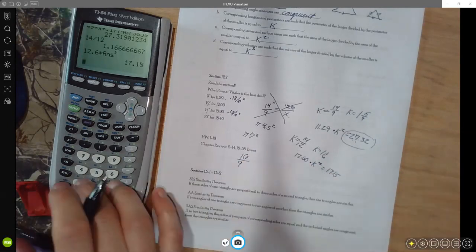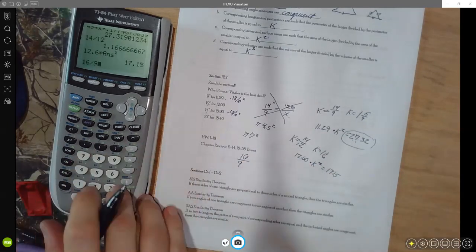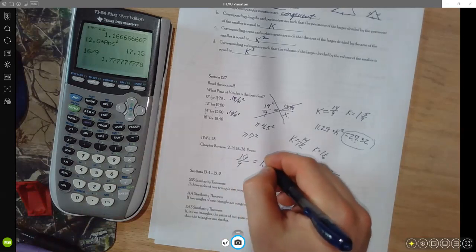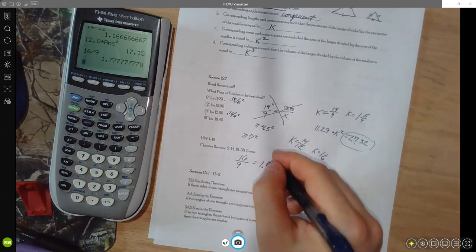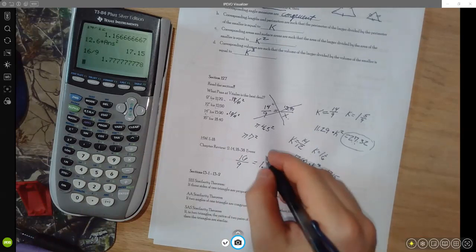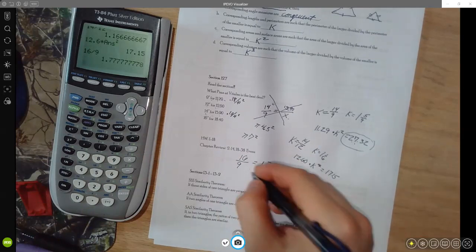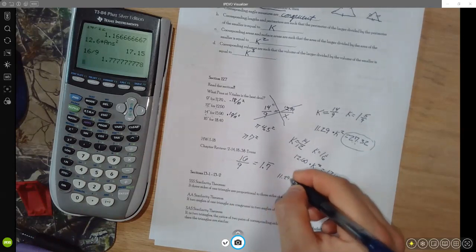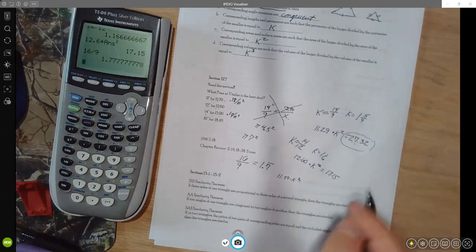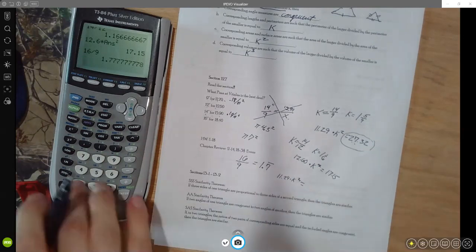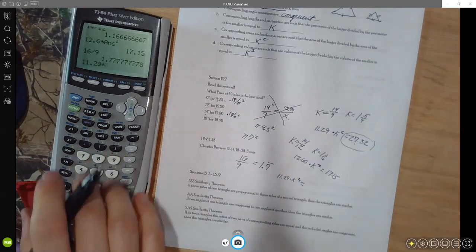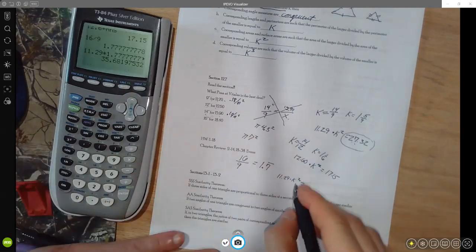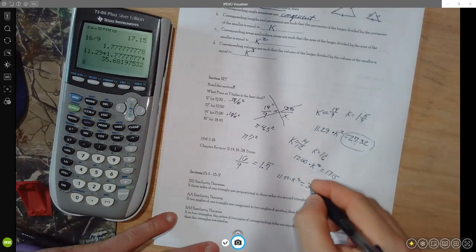So 16 over 9 is 1.7 repeating. So 1 7/9. So that's our K value. So if we take 11.29 times K squared, what do we get? 35.68.